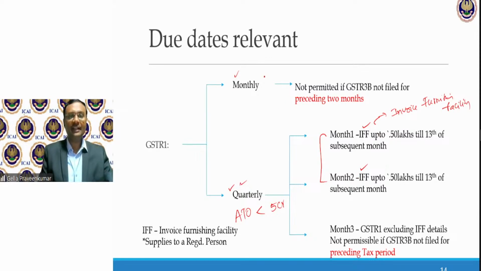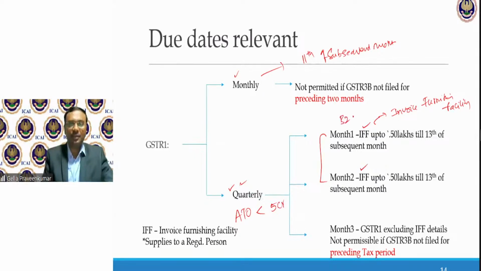Usually GSTR-1 monthly filing is on or before 11th of subsequent month. This has to be filed. In case of a quarterly filing return, only for B2B transactions, IFF is used for filing, and the due date is 13th of subsequent month.